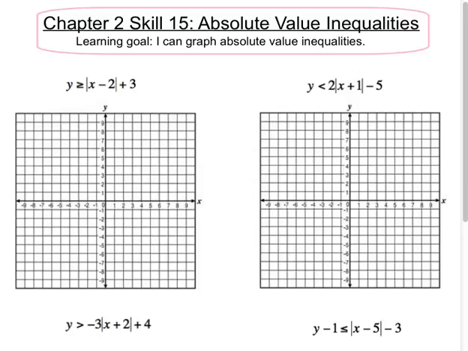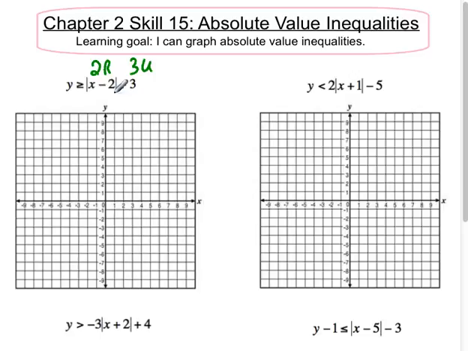Remember, we're going to graph these based on transformations. We take a look at this x minus 2. That is shifted 2 to the left. Oh, I'm sorry. Whoa. 2 to the right and 3 up.